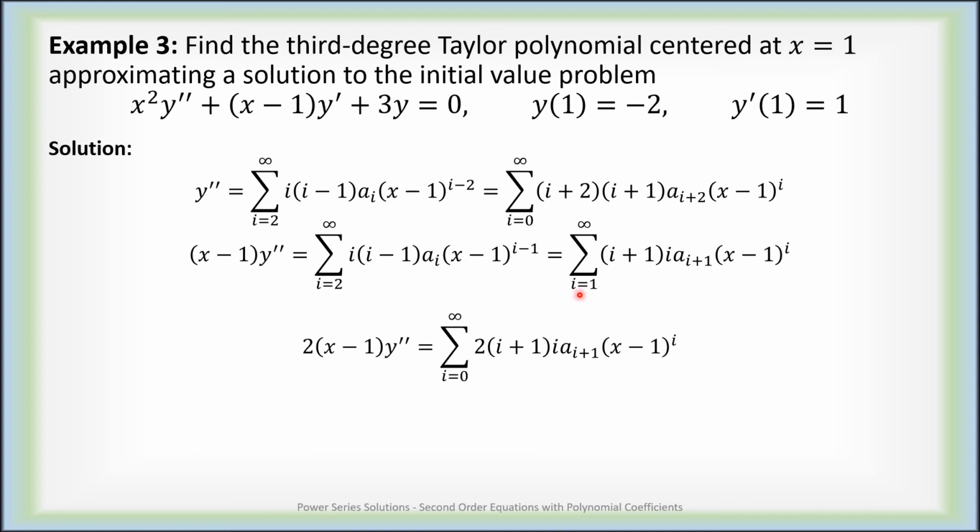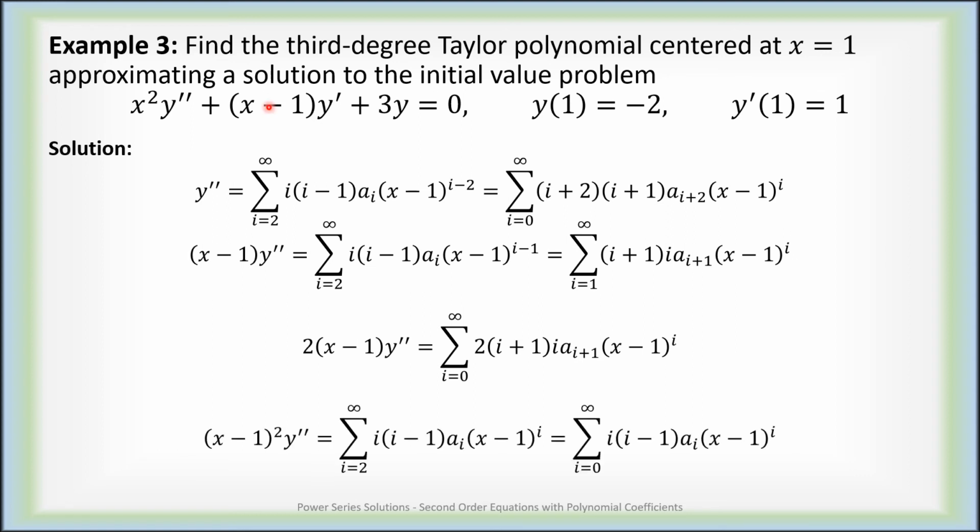Also, this series began at index 1. I would kind of like it to begin at index 0. Can I do that? Sure. At index 0, I would end up with a 0 anyway, so I can freely reincorporate that back into the series with no real problem. And finally, going back to the original appearance of y double prime, if I simply multiply by x minus 1 squared, it just takes this power and directly raises it by 2. As before, I'd like this to not just begin at some other index, but to begin at index 0.